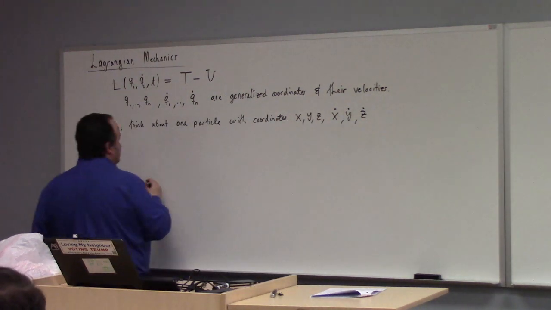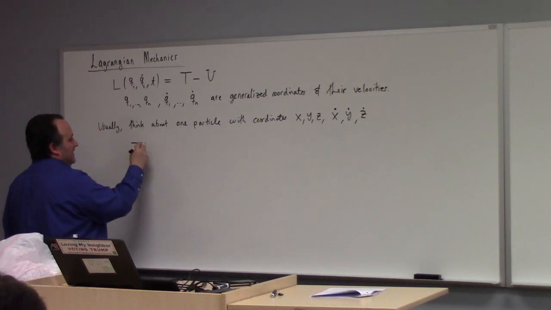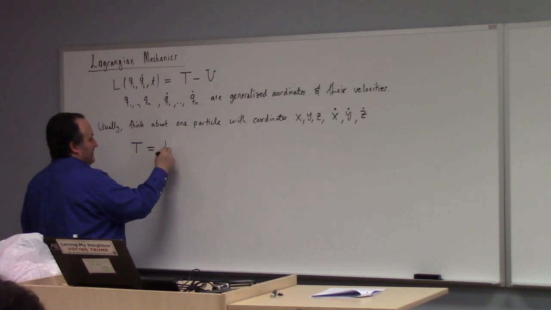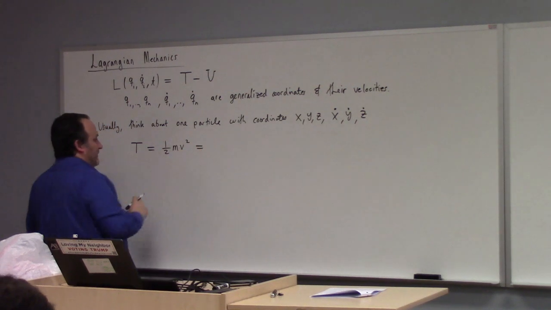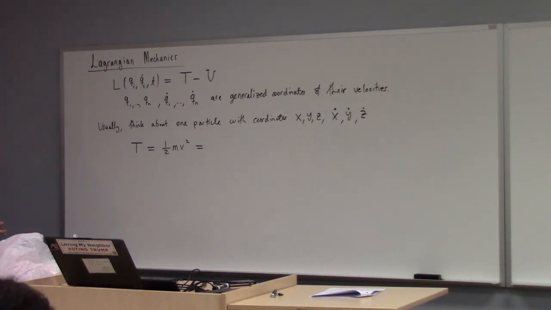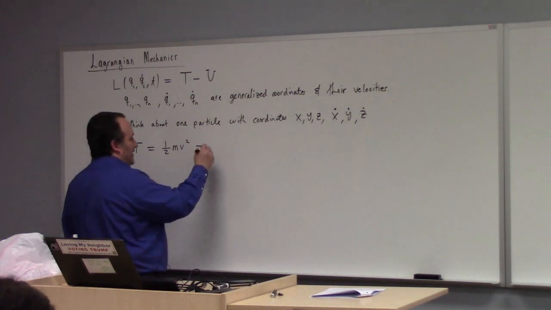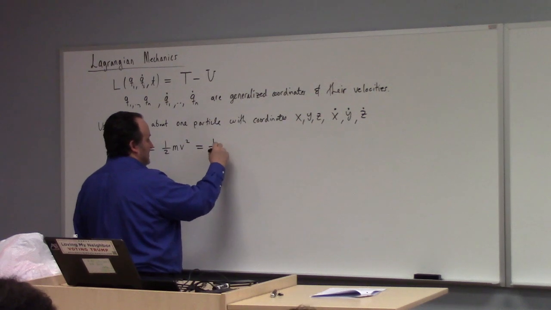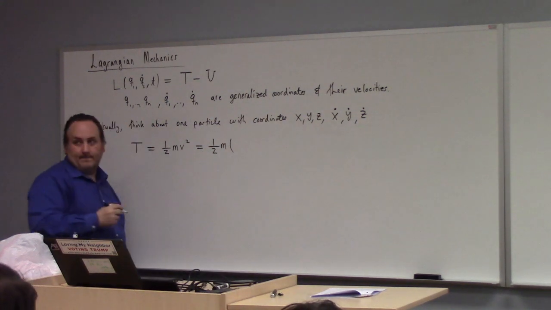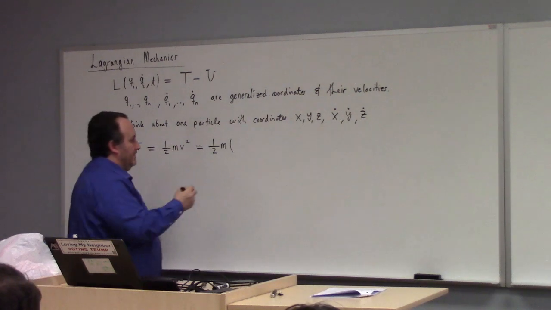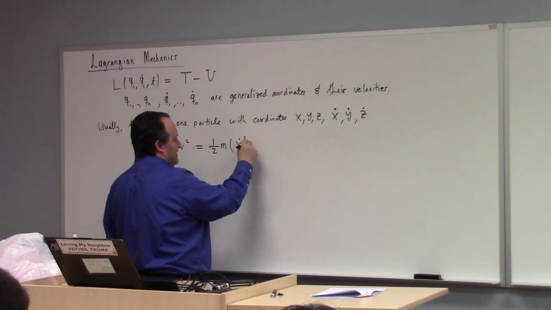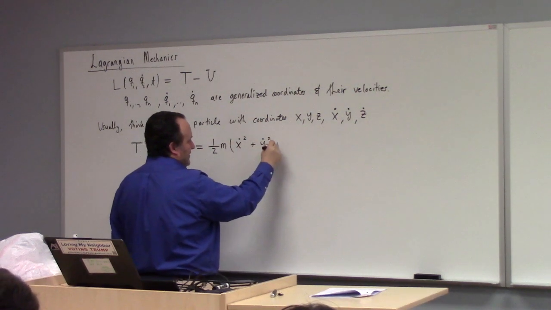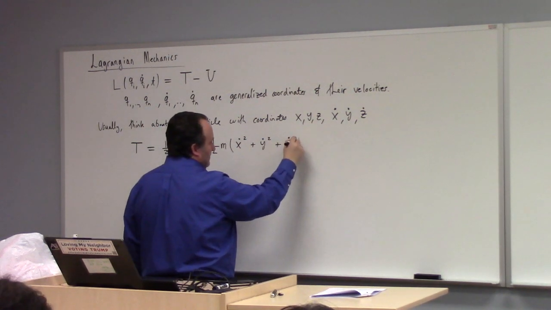So then, in this context, the kinetic energy is just 1/2 mv squared, right? But that is exactly 1/2 m. How do you write the speed squared in terms of the velocities? Sum of the squares of partial velocities. Yes. So x dot squared plus y dot squared plus z dot squared, right?